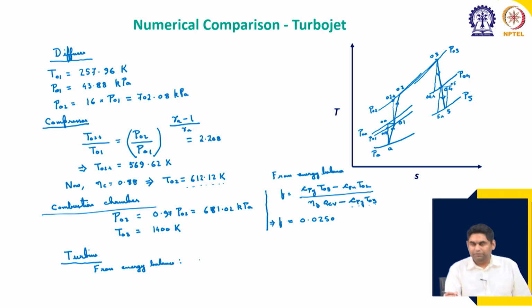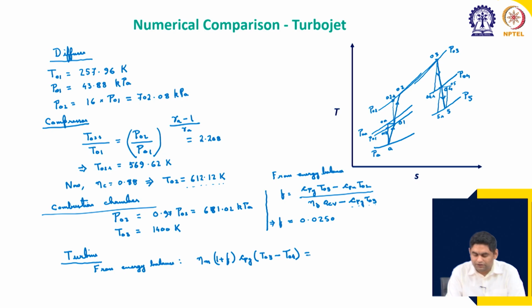The work which is supplied by the turbine: mechanical efficiency multiplied by the work generated by the turbine, which is equal to mass flow rate, 1 plus F, into Cp of gas into (T03 minus T04). Right. So, this is the work which is supplied to the compressor.